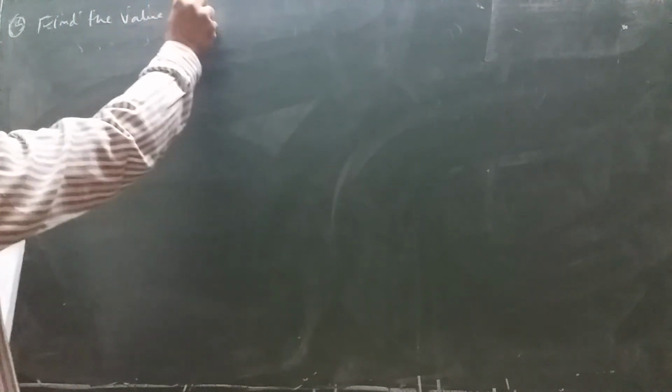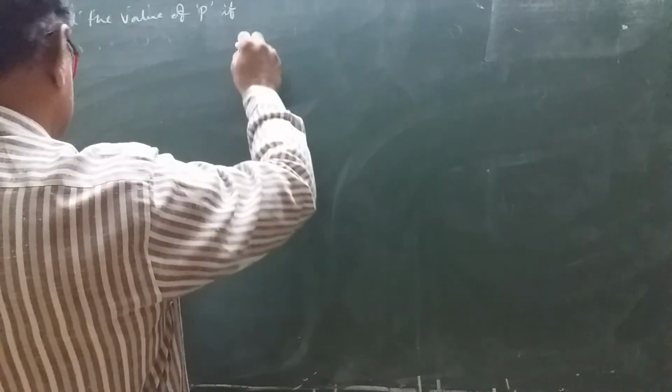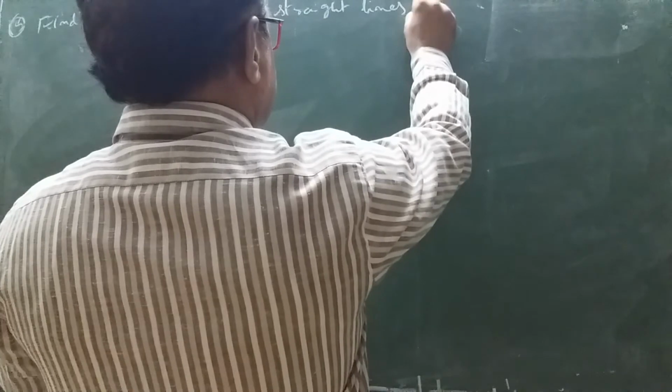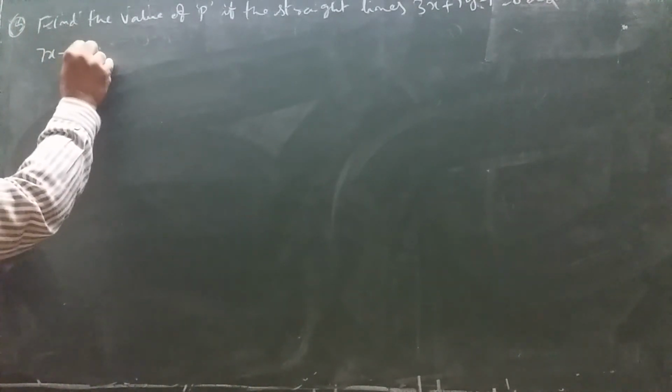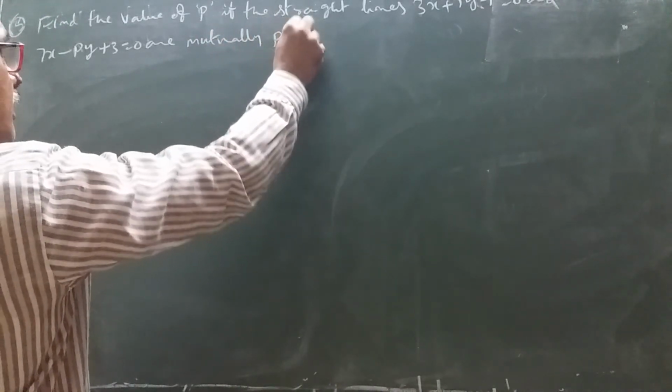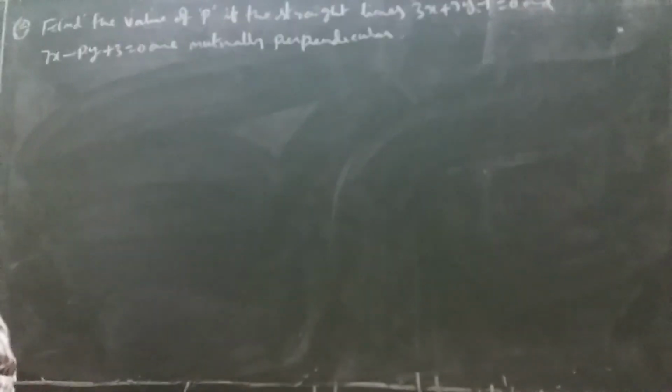That is, find the value of p if the straight lines 3x plus 7y minus 1 is equal to 0 and 7x minus p y plus 3 is equal to 0 are mutually perpendicular. We have to find the value of p.